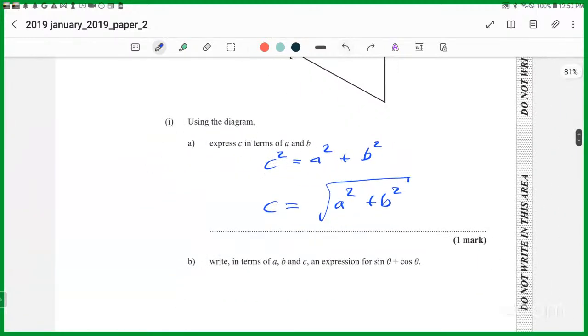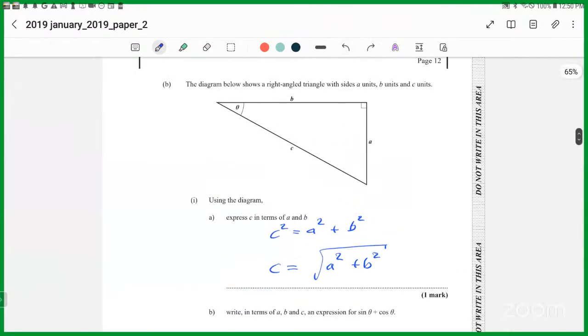Next part says now, write in terms of A, B, and C an expression for sine theta plus cos theta. Let's look at the diagram. Based on the diagram, this is the hypotenuse, remember? So this side becomes the opposite, this is the adjacent, and here is the hypotenuse.